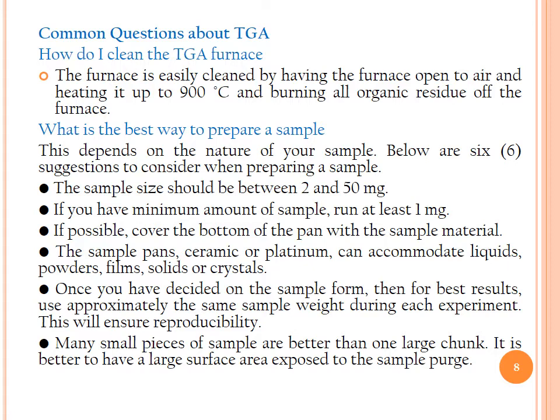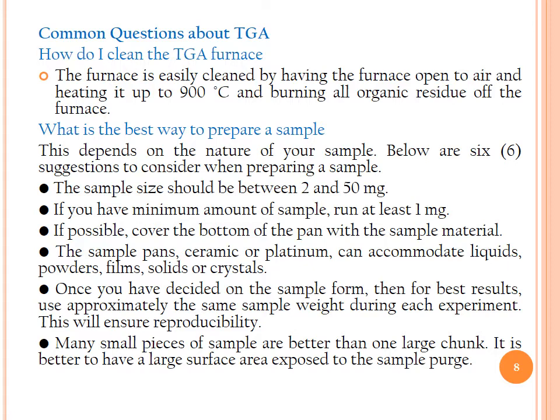What is the best way to prepare a sample? This depends on the nature of your sample. Below are 6 suggestions to consider when preparing a sample. The sample size should be between 2 and 50 milligrams. If you have a minimal amount of sample, then run at least 1 milligram.